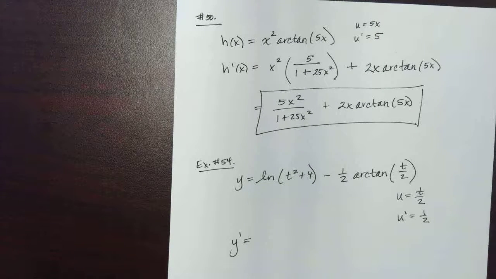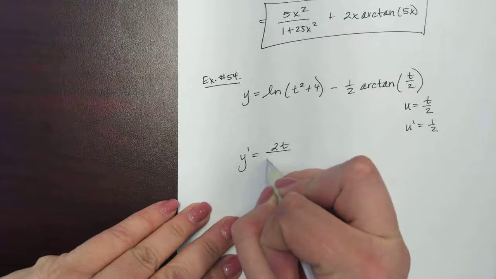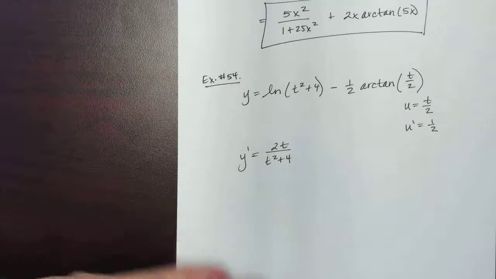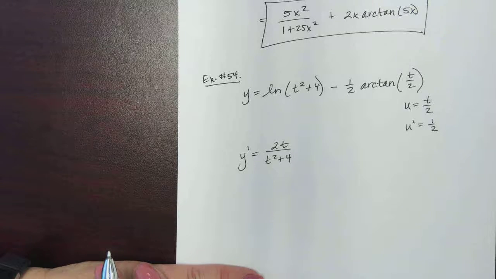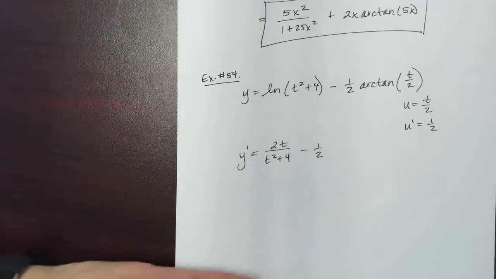So we have to do the derivative of the natural log of t squared plus 4, and that's going to be 2t all over t squared plus 4. Minus 1/2.